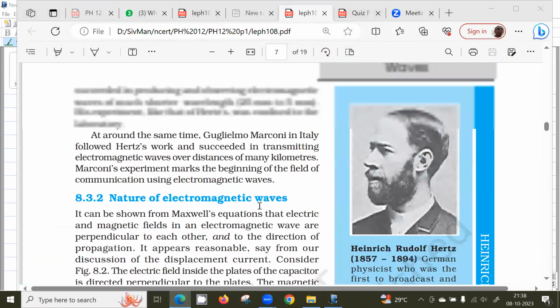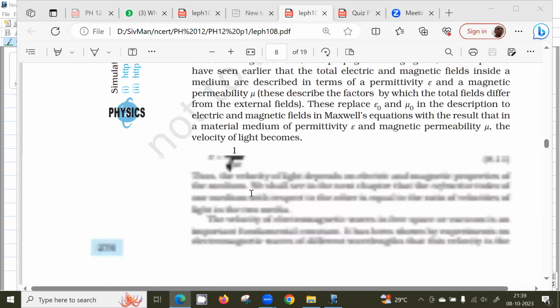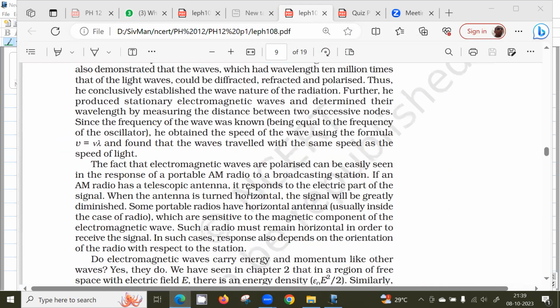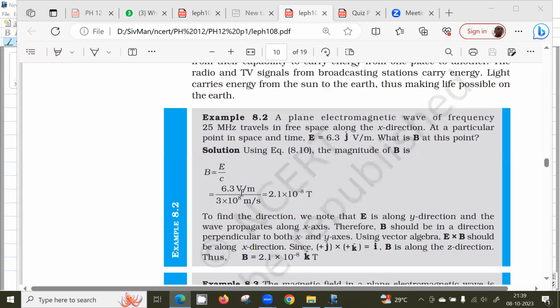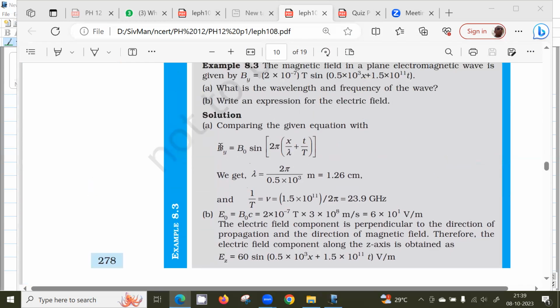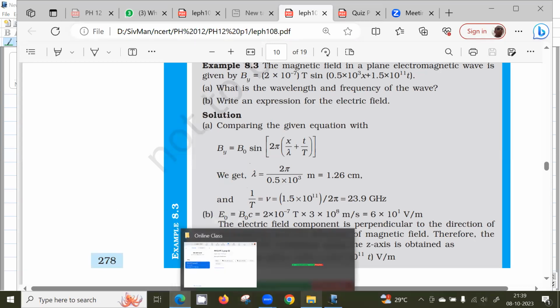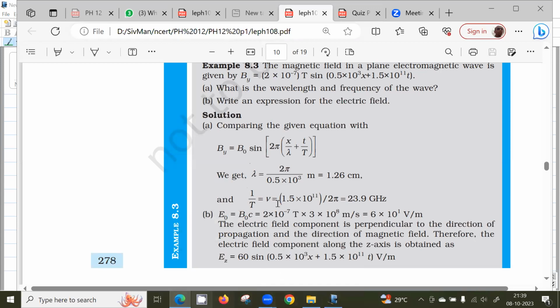If you have this standard waveform, this is a wave traveling in which direction? Here I put X. Is it positive X or negative X? Yes, negative X.